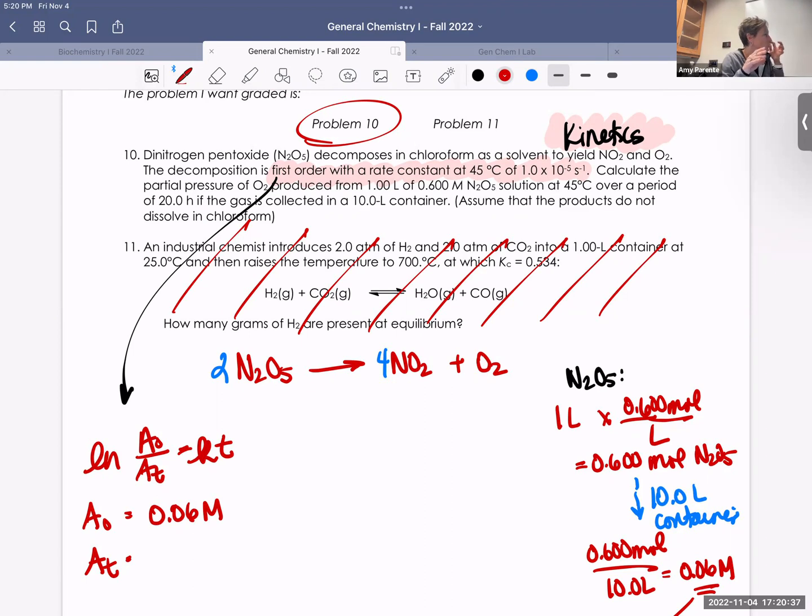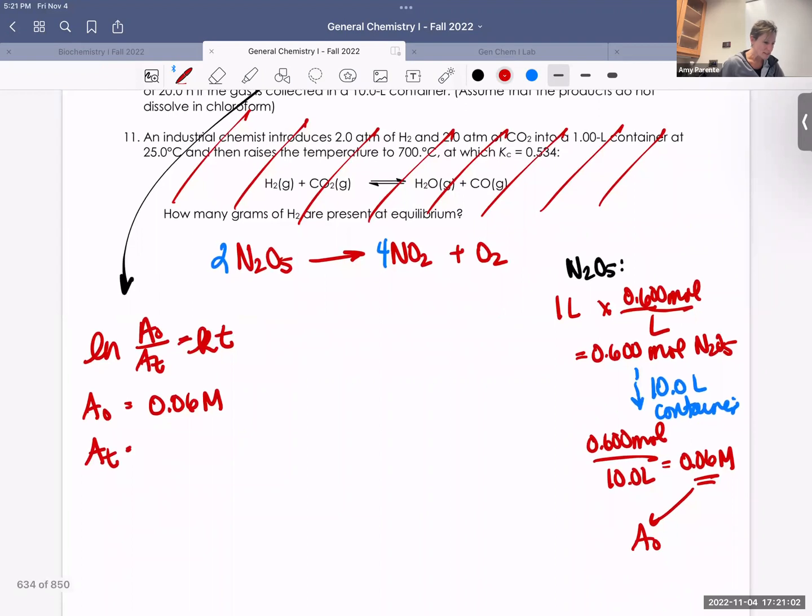Even though this is weird, because we normally don't think of doing kinetics problems by talking about products, because we know stoichiometry, if we can figure out how much N2O5 reacted, that can tell us how much O2 was made, because we're going to make half as much O2 as the N2O5 that reacted. Does that make sense? All right, so A sub t is going to be something that we're interested in.